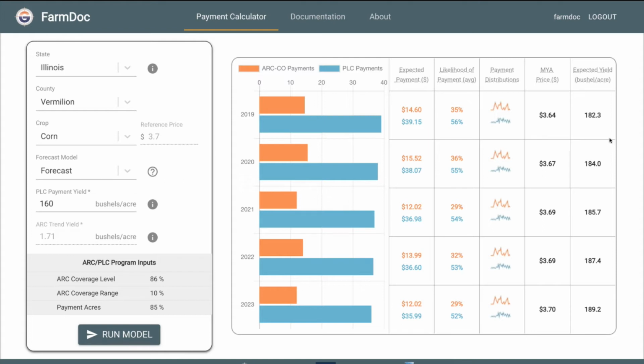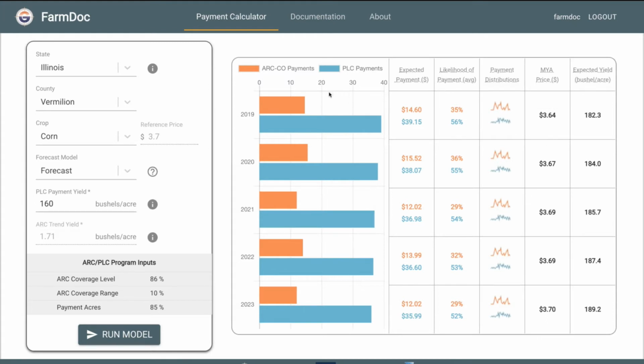As we get closer, we'll have a better estimate of the yield for Vermilion County. You can see there is a trend yield built into it. The forecast is the trend yield going forward, and the trend yield going backwards is what goes into the program payment. And you see your price forecast here.